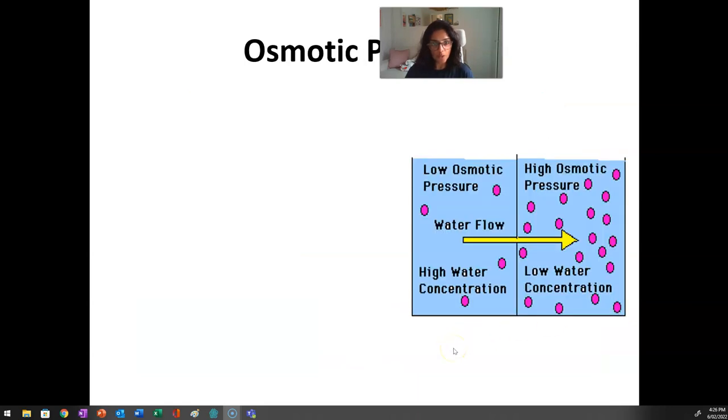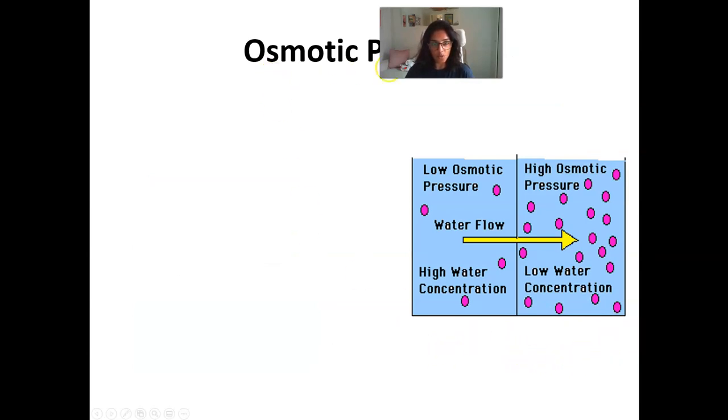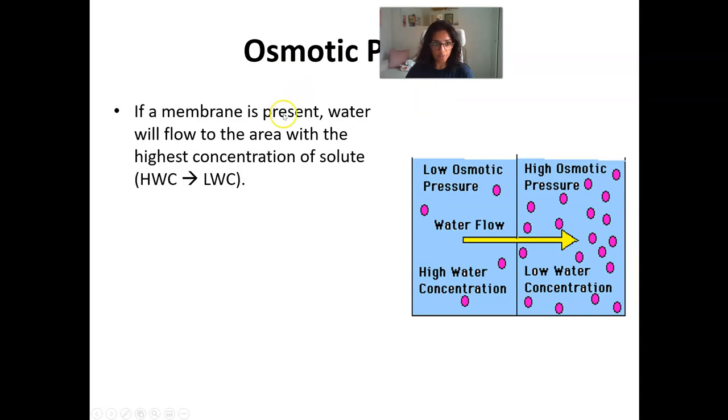Now, the reason why we talk about more water molecules in the same volume is because this relates to osmotic pressure. The term osmo means water. So when we talked about osmosis, that was diffusion of water. So osmotic pressure is referring to pressure with water.